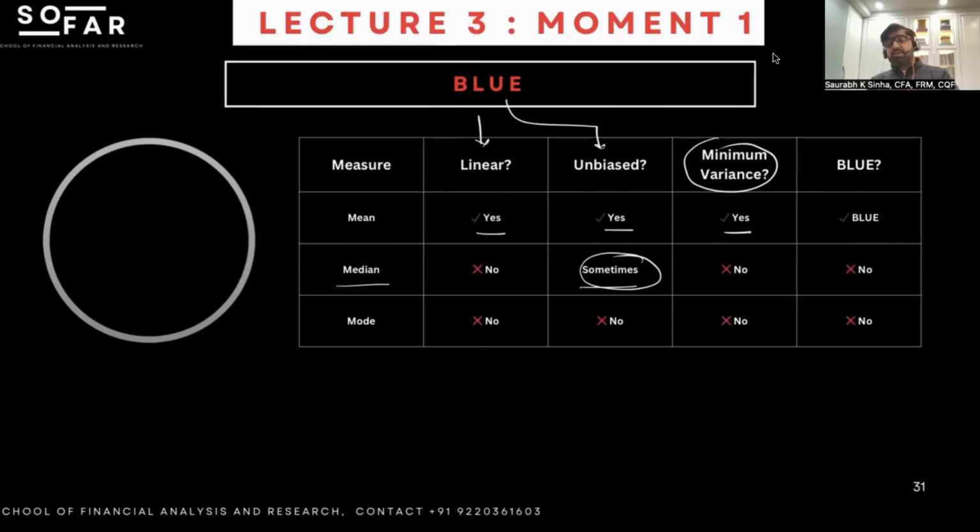So with that, we have understood the meaning of BLUE. That's why mean is used as the center of the population most of the time. But you should also keep in mind that if there is an outlier in the data and mean is deviating a lot because of that outlier, you should be using some other measure like median and mode.